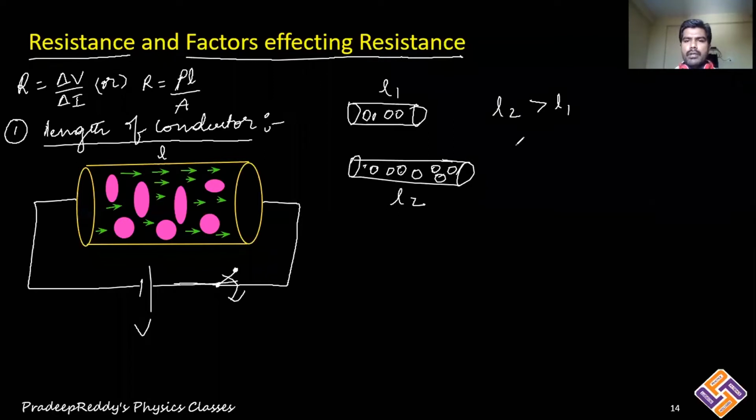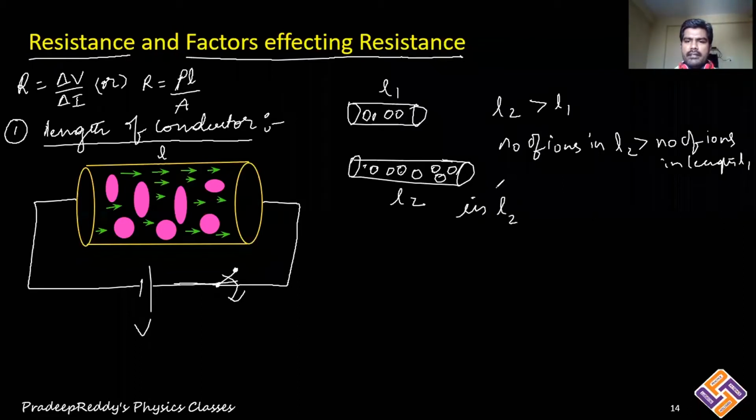So the number of ions in L2 is greater than the number of ions in length L1. Therefore, when an electron is drifting from one end to the other end of the conductor, in length L2 there will be a greater number of collisions.